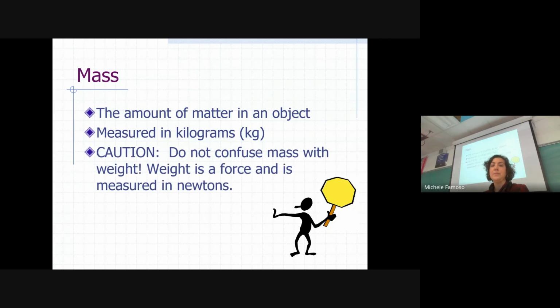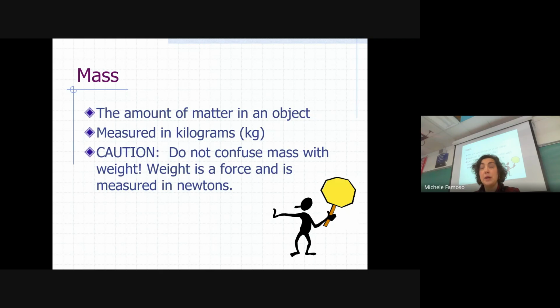So I need you to be also cautious of this. This is what our entire lesson on Monday is going to be about. Mass and weight in the United States are often interchanged. They are not the same things. So I need you to be very careful with the words you use.